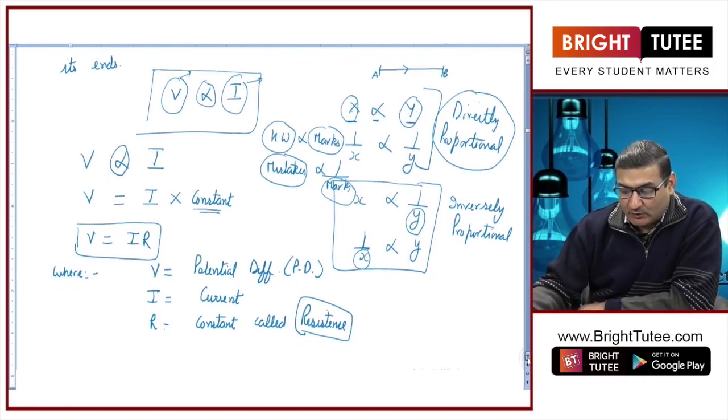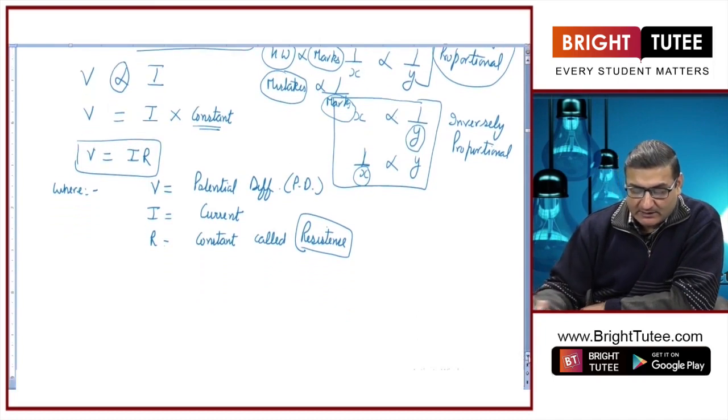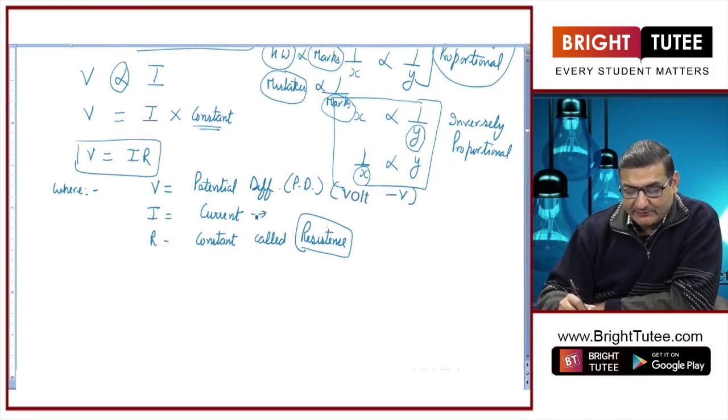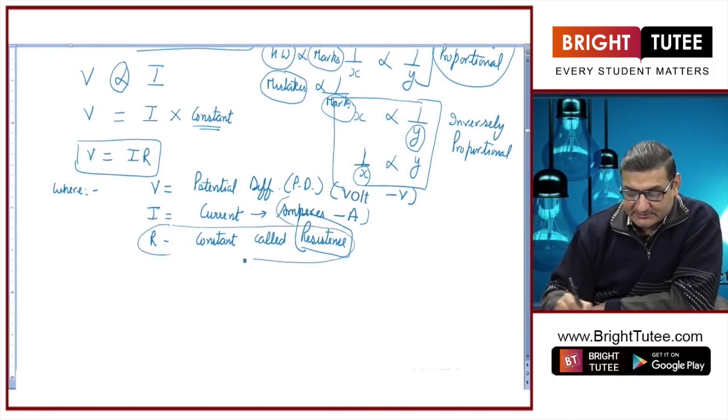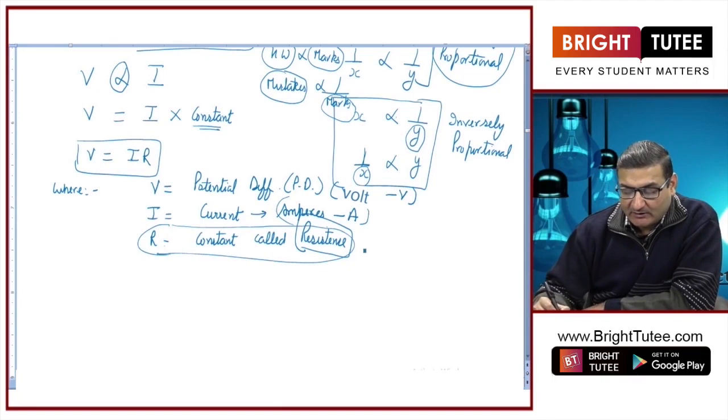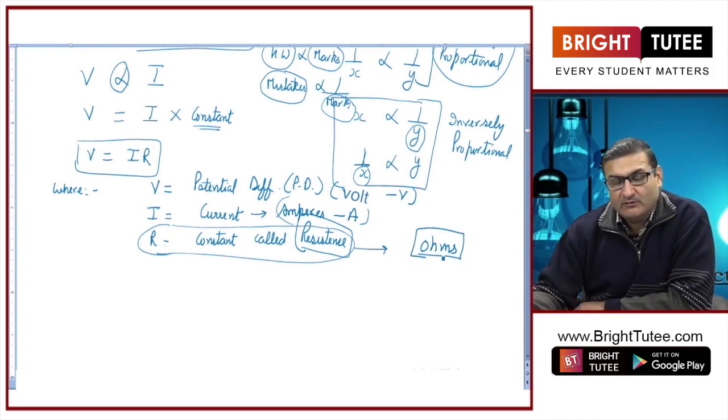Fine. Now talking about the SI units, we know that the SI unit of potential difference is volt, which is represented by capital V. The SI unit of current is amperes, which is represented by capital A, and very importantly this resistance, the SI unit of resistance is ohms, by the name of Ohm.